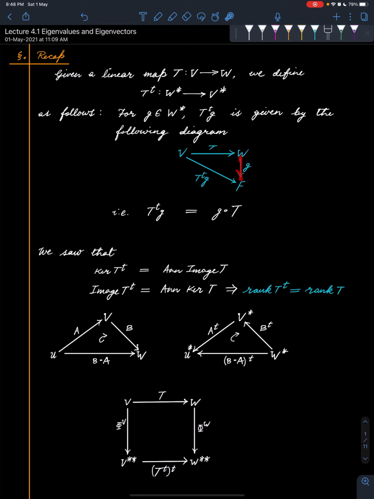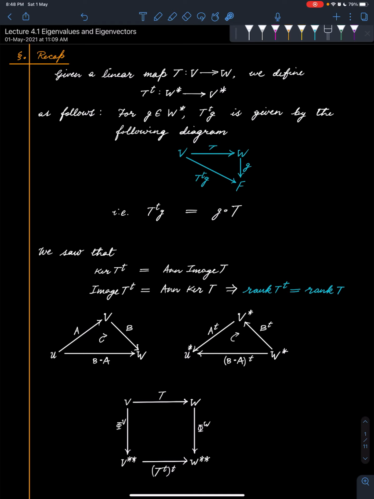So we have G as a functional on W. Then to obtain T transpose G, we just compose it by T. So we get a linear map from V to F, and that linear map is what we call T transpose G. In other words, T transpose G is just the composition of T with G.